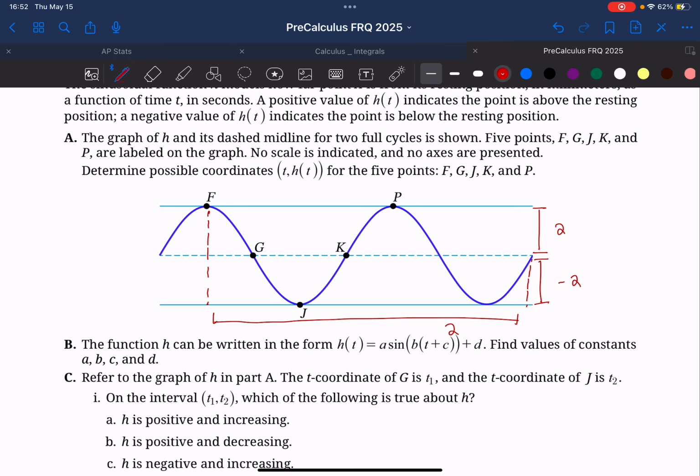Which means that this portion here is representing 1 full cycle of 1 second, and we know that this is going to go 200 times in 1 second, so 1 out of 200.